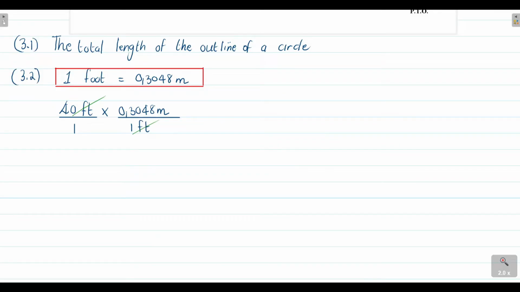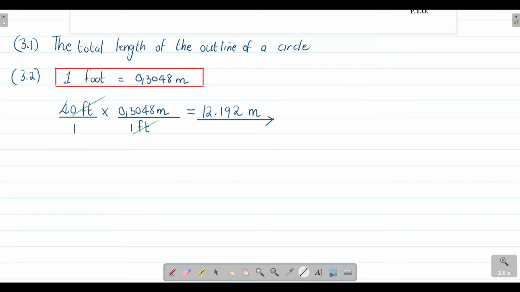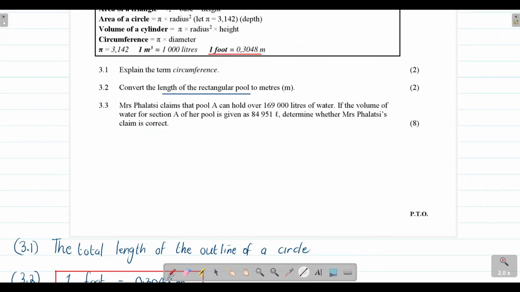And that will give you the answer from feet to meters. So our final answer is 12.192 meters. All right. And we are done. Let's have a look at the next question.